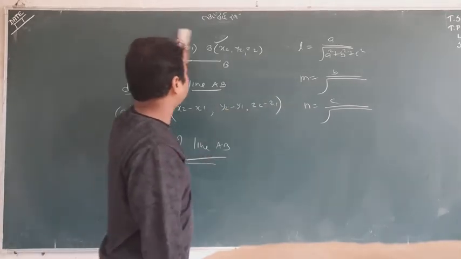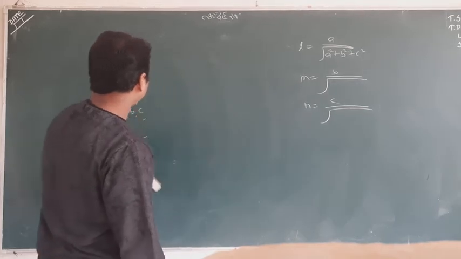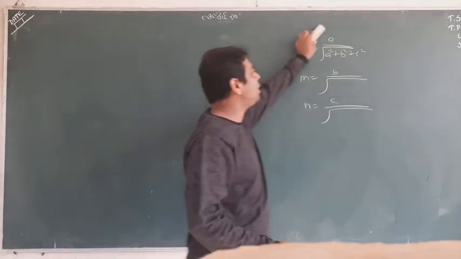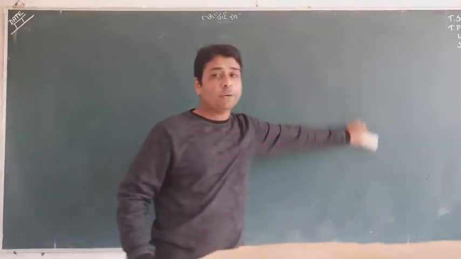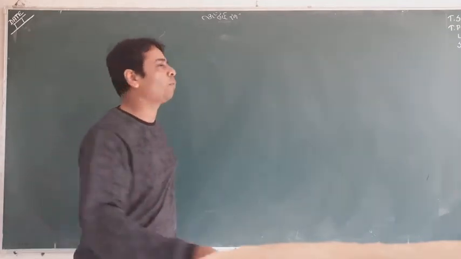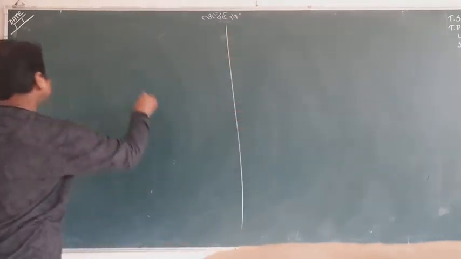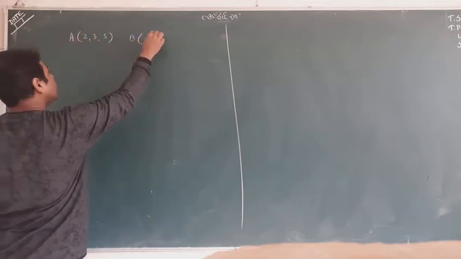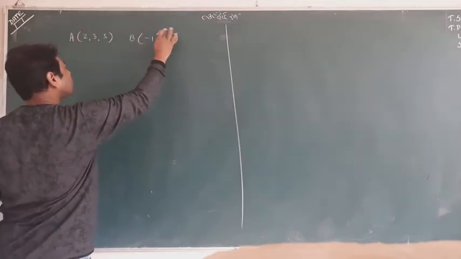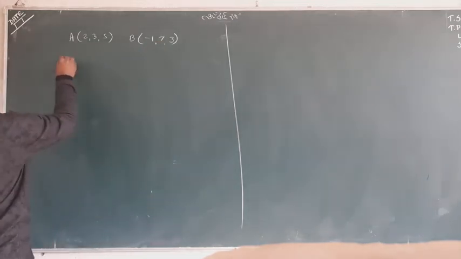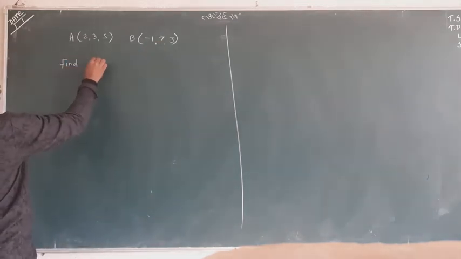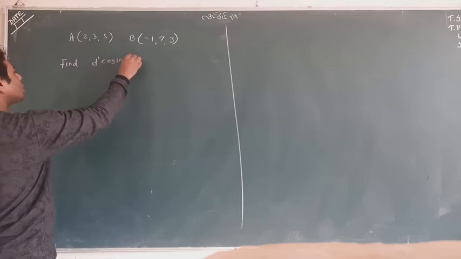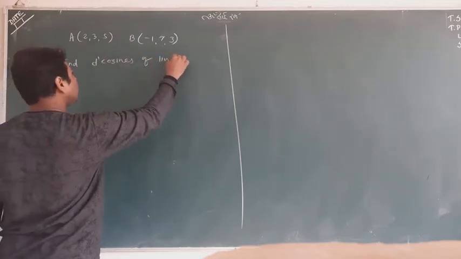I will put one example, and I will tell you both ways: vector form and geometric form. Suppose A is given as (2, 3, 5) and B is given as (-1, 7, 3), and I ask you to find the direction cosines of line AB.